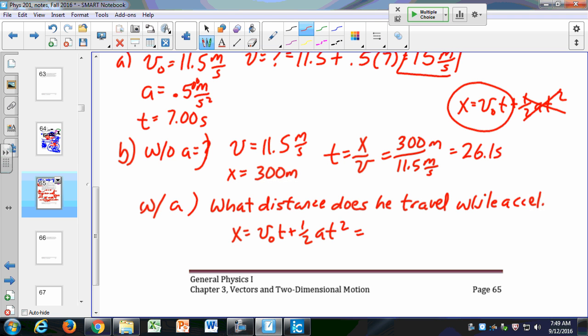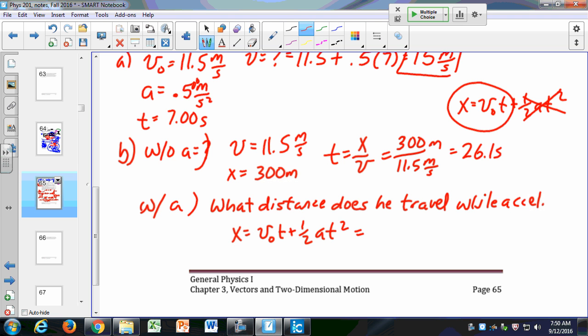So he starts accelerating. What is his velocity at that time when he starts accelerating? The 11.5. That's the velocity he's traveling when he starts to accelerate. And then he accelerates for how long? 7 seconds. Right, these are all in the problem. We know his acceleration. It's, what was it? 0.5, and then t is 7 seconds again. So we can calculate that distance.